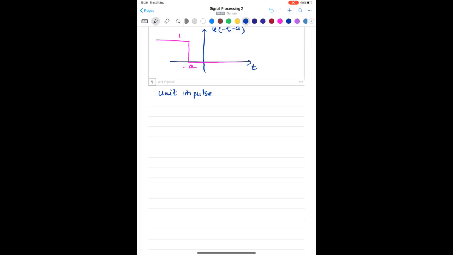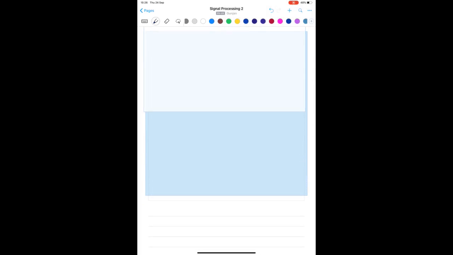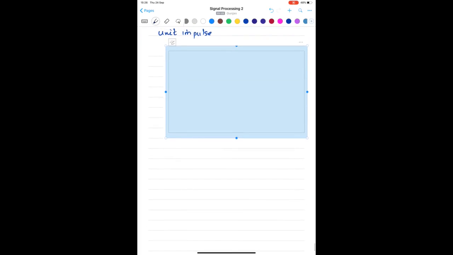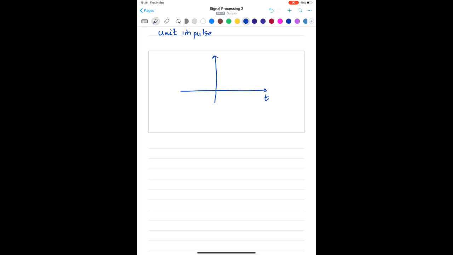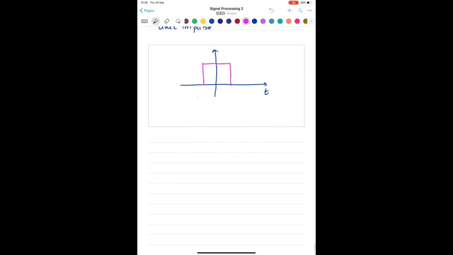Unit impulse function, as the name indicates, is an impulse, and it is of this form.